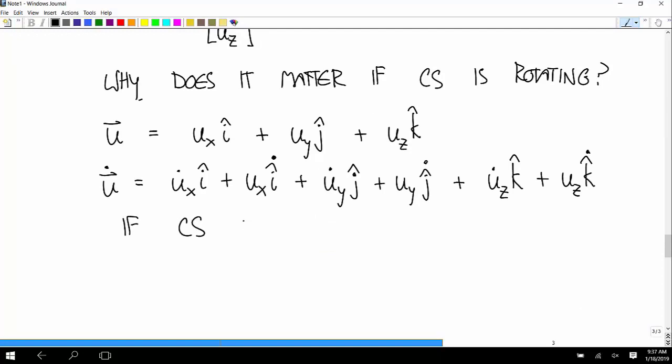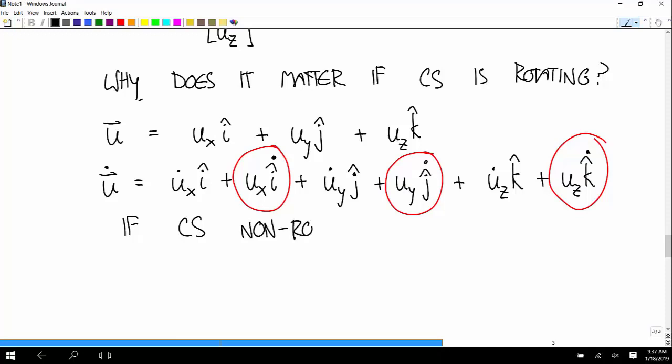If the coordinate system, so these things, what the hell are those? You know? So if the coordinate system is non-rotating, i dot and j dot and k dot are 0. So it's no problem, those go away. But if the coordinate system's rotating, we need to come up with a way to represent those.